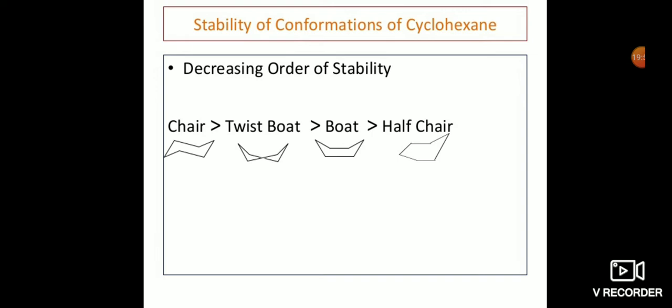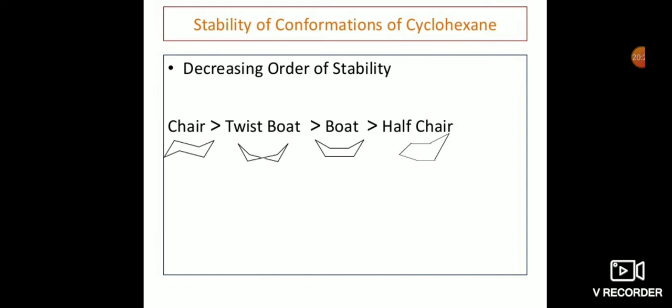Stability of conformations of cyclohexane, in decreasing order of stability. Number one, chair conformation. Number two, twist boat. This is the descending order of stability: highest stability in chair conformation, then the twisted boat conformation, then the boat conformation, and the last, or least stable, is the half chair form of cyclohexane.